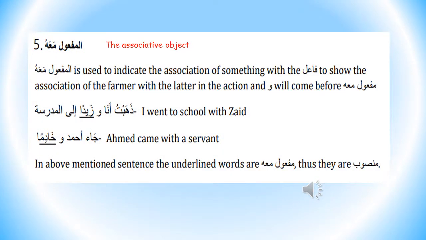The object or the maf'ul used in the verbal sentences are of five kinds. They are al-maf'ul bihi, al-maf'ul mutlaq, al-maf'ul fihi, al-maf'ul lahu, al-maf'ul ma'ahu. Al-maf'ul bihi is the direct object. Al-maf'ul mutlaq means the cognate object or the absolute object.